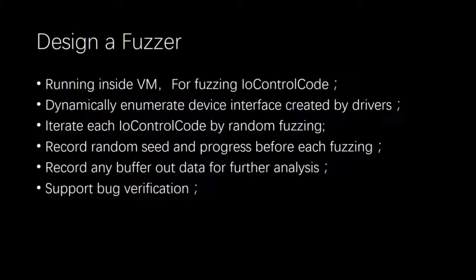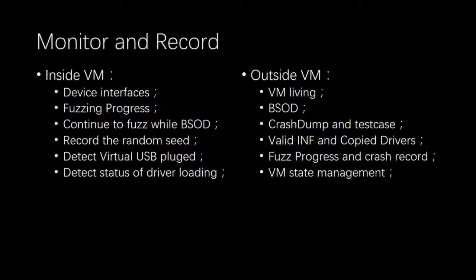We compare the two results, and then we know which device interfaces were created by the drivers. Then we do some random fuzzing on the I/O control codes, and that's it.